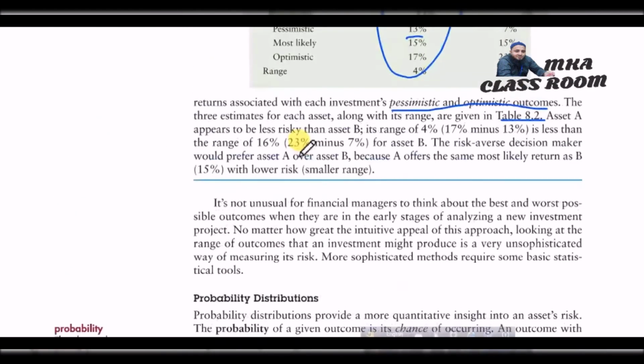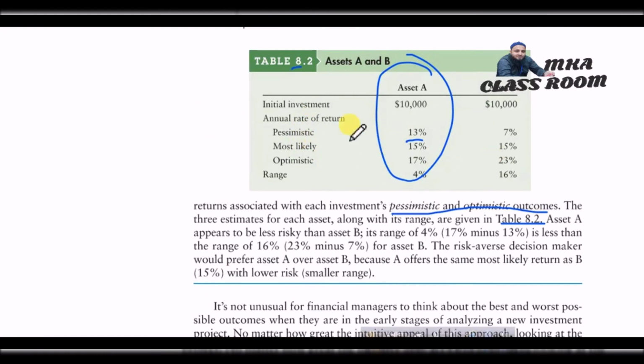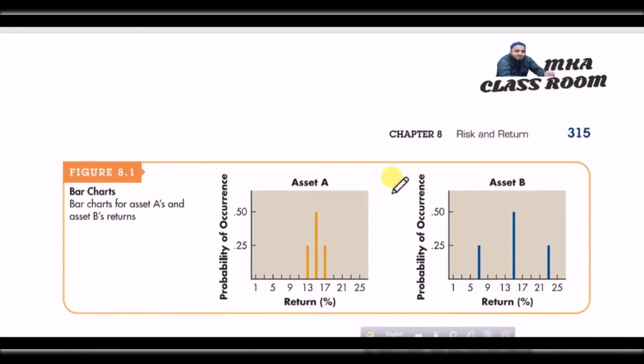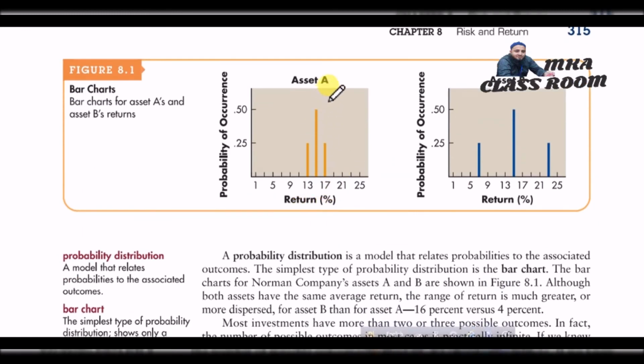So these conditions, if you draw them in a bar chart, then it will be clear to us. In asset A, you will see three conditions: 13, 15 and 17%, whereas asset B has 7, 15 and 23%. If the bars are nearer to each other, then it is less risky.